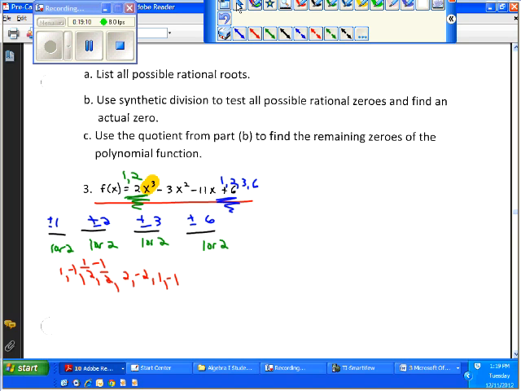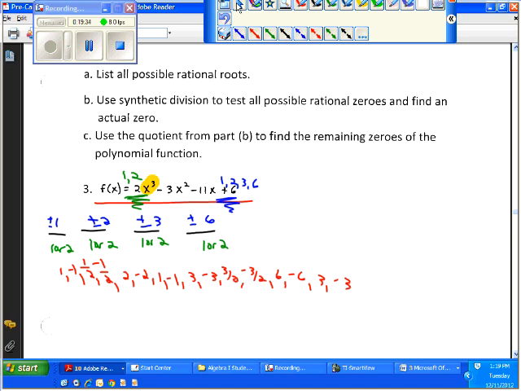There's the second set. 3 over 1, which is 3. Negative 3 over 1 is negative 3. 3 over 2, negative 3 over 2. That's the third set. Fourth set, 6 over 1. Negative 6 over 1. 6 over 2. And then negative 6 over 2.